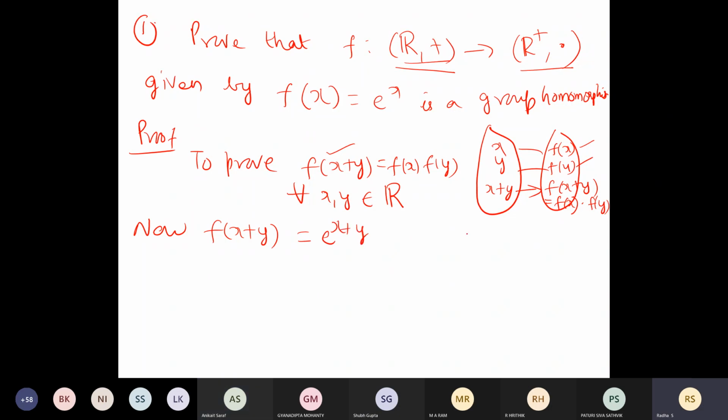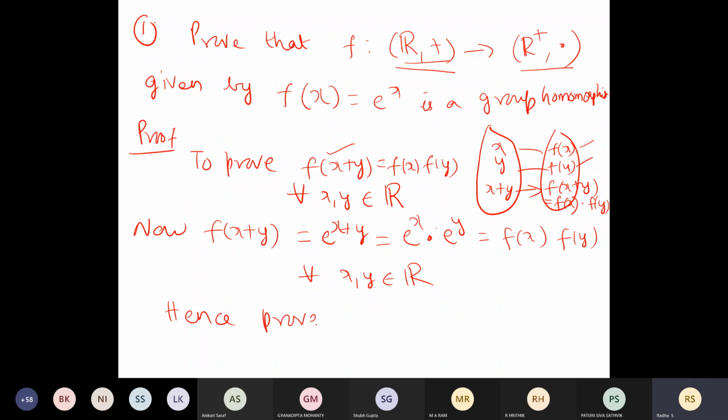But what is e power x plus y? Can you split this into two? e power x into e power y. So what is e power x? It is f of x. And e power y is f of y. So f of x plus y equals f of x into f of y for all x, y in R. Hence, very simple. Please look into this.